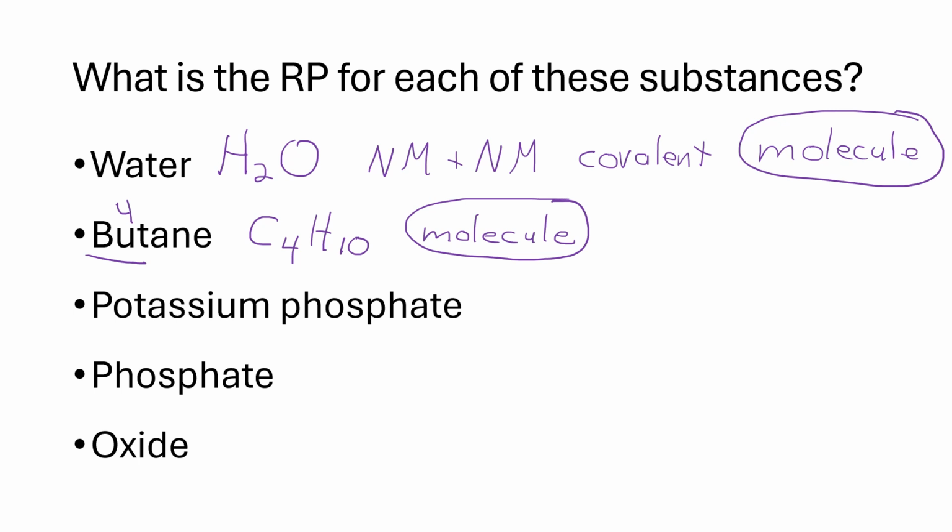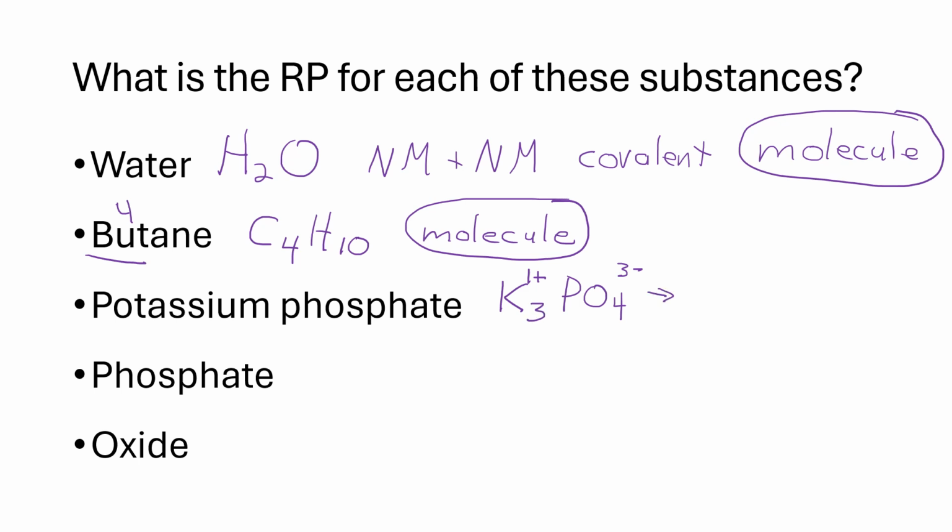Then we've got potassium phosphate. Okay, so potassium is K and phosphate is PO4 3-. So that 3- charge is an indication, oh yeah, this guy's going to be ionic. We've got to deal with the charges. We would crisscross the charges down as subscripts, so we would end up with a 1 on the phosphate and a 3 on the potassium.